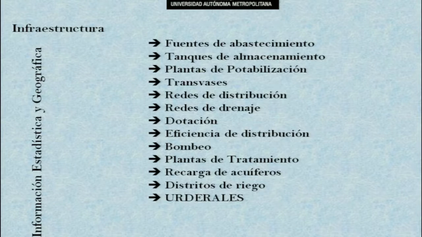Where do they arrive? Where do they stem from? How much do they have? The drinking water networks. How many spillages? And the sewages, the sewage networks, and the distribution of treated water.